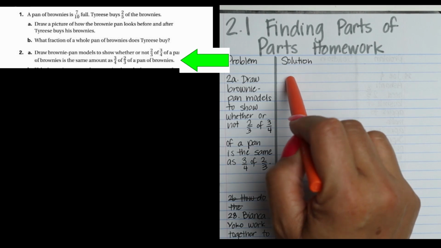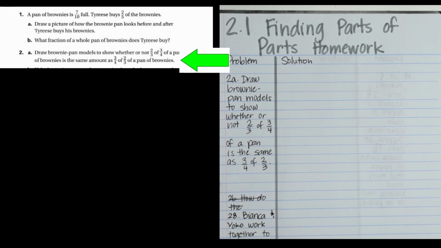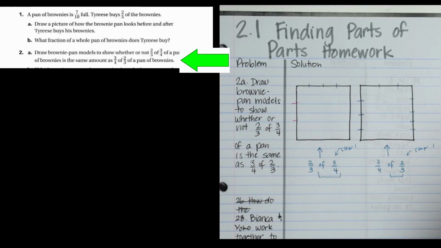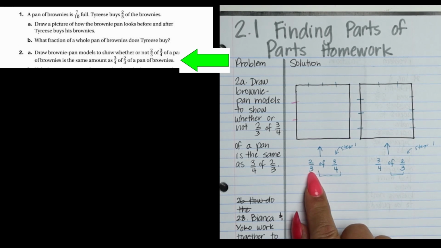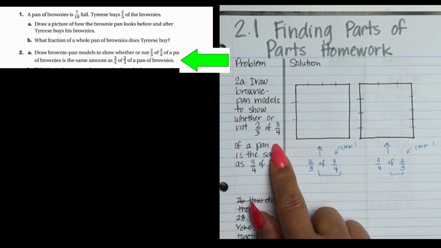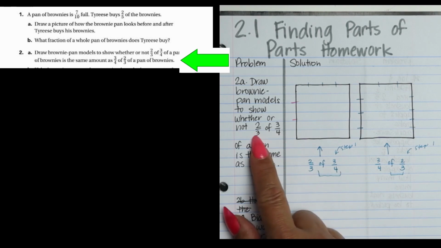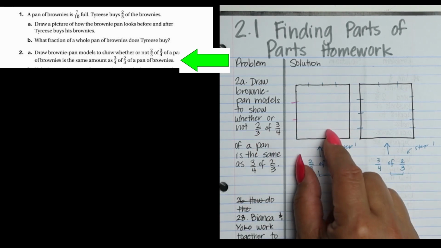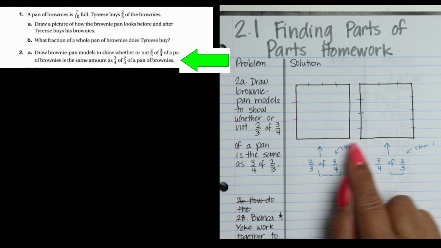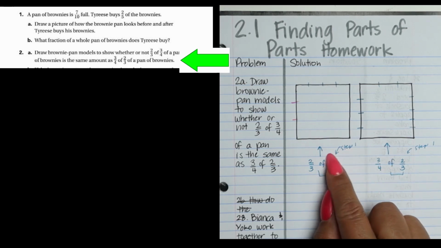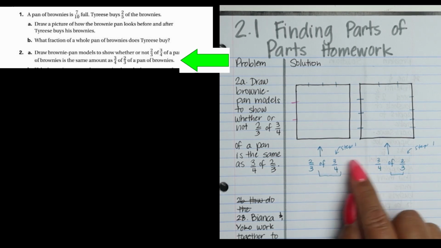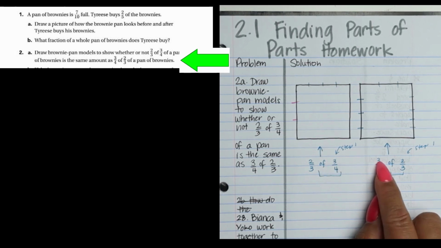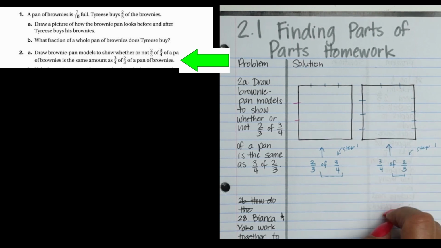So I'm going to give you a hint, and you're going to do the shading. Okay, boys and girls, here's my hint. I wrote down the products, or I sorted out which model belongs to which problem. So 2/3 of 3/4 is this model, and 3/4 of 2/3 is this model. I remembered that the last fraction is my step 1. So of 3/4 is my step 1, and of 2/3 is my step 1 for this model.